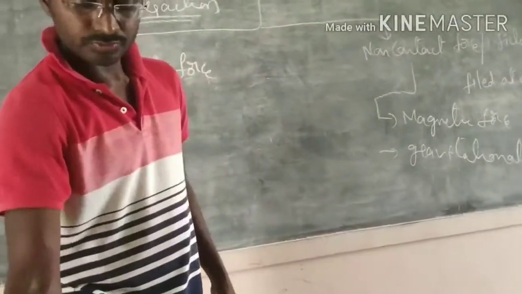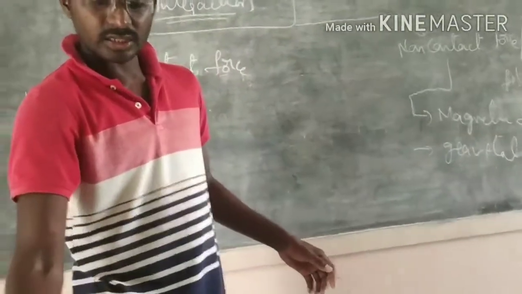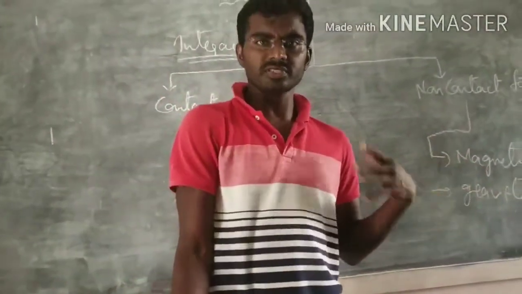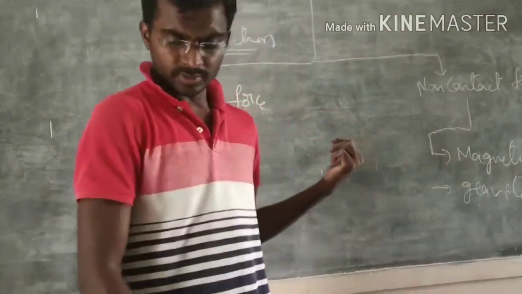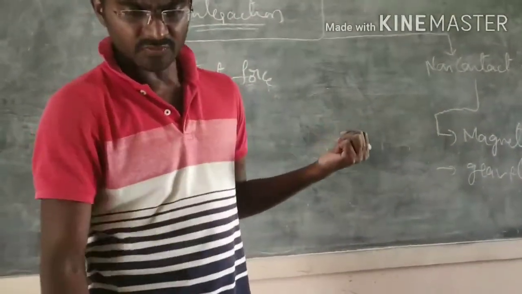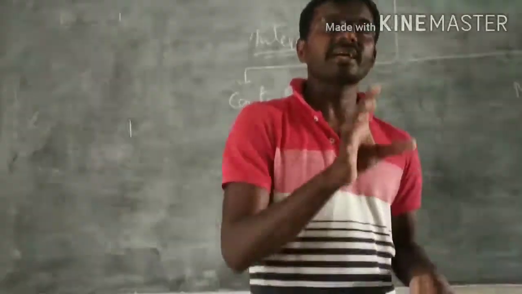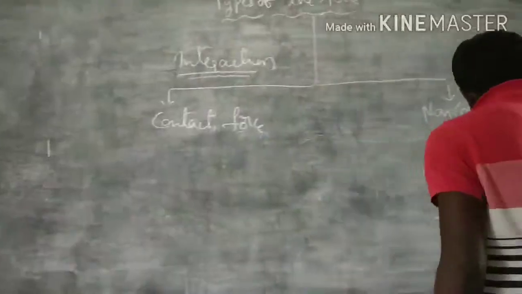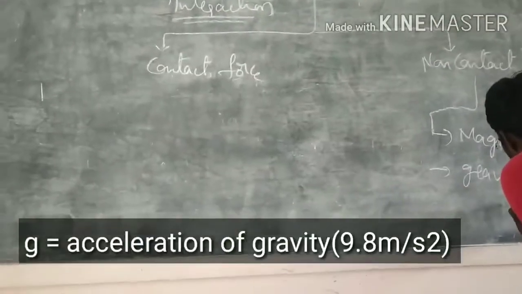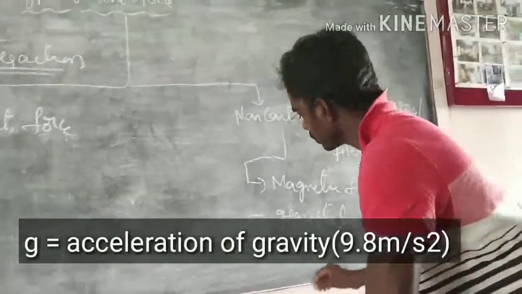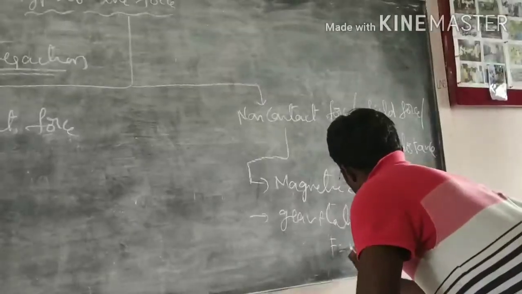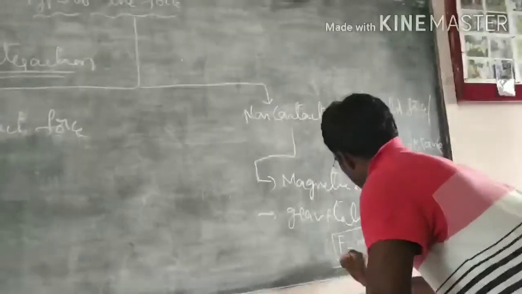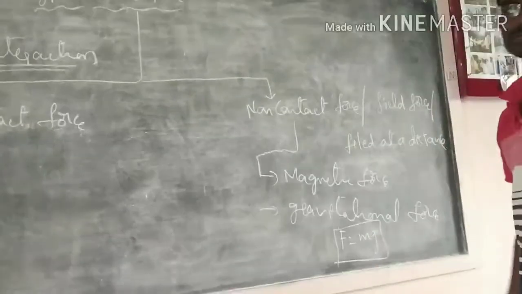Gravitational force. In the previous class we have seen the force formula F is equal to ma, right? So when we come to gravitational force, the acceleration is taken as g. Here g instead of a, so F is equal to mg. This is also known as weight.